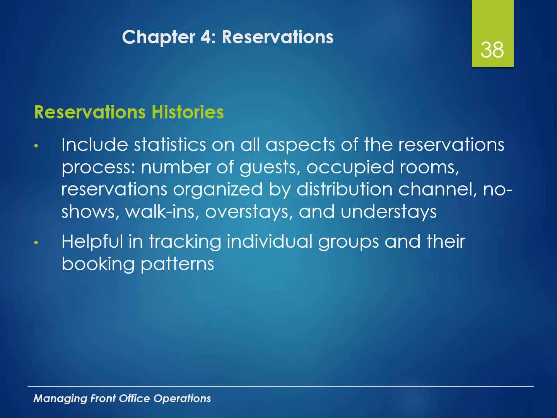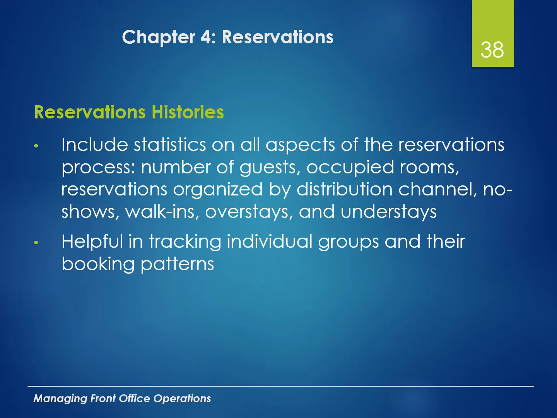When we look at our histories, we might look and see what statistics we have on, during specific time periods, what our occupancy level was, what the guests were like, how many guests we had in the hotel. Did we have any no-shows, any walk-ins, any overstays or understays? So an overstay is somebody who stayed beyond their original departure date, and an understay is somebody who departed before their original departure date.